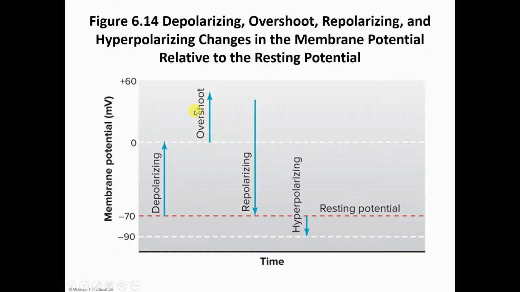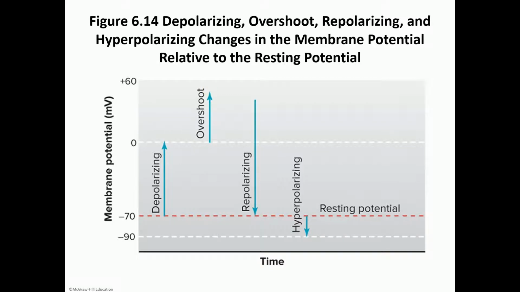Throughout the textbook and the slides, depolarization and overshoot are gathered together into depolarization. So depolarization would be above that negative 70, and includes while you're in the positive territory as well.